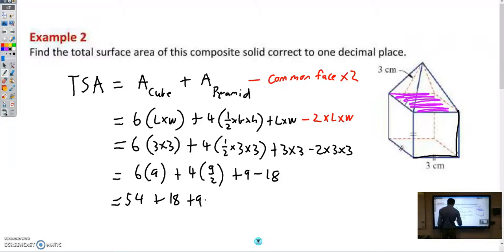Plus 9 minus 18. You've got plus 18 minus 18, which will cancel out. 54 plus 9 is going to give us 63 millimeters or centimeters squared. Didn't even have to use a calculator. That's how you find the total surface area of a cone or a pyramid. Good luck.